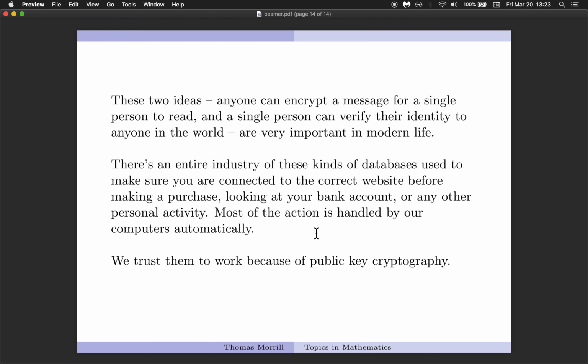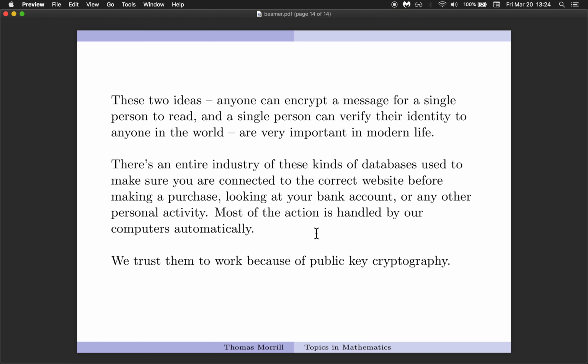So any personal, private stuff that you do, shopping online or logging into Facebook, checking your bank account, looking up your insurance records, or scheduling an appointment with your GP. All of that is stuff that really should only be going to one other person, and we use encryption to make sure that we can trust that system.